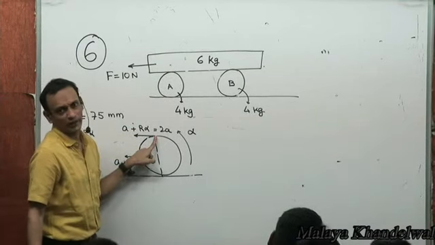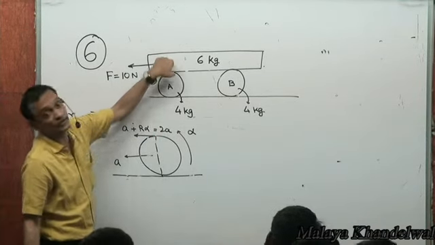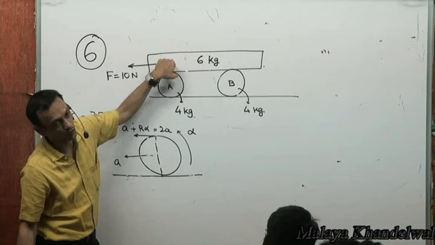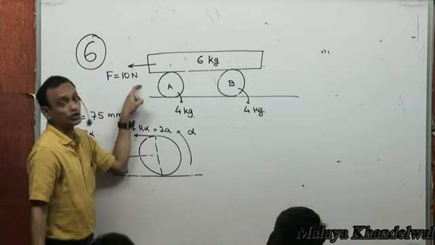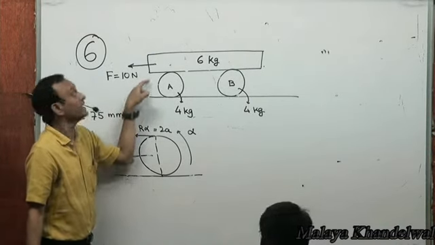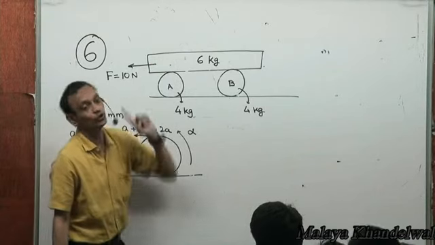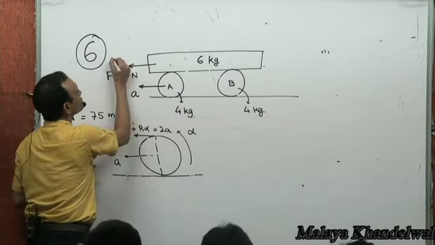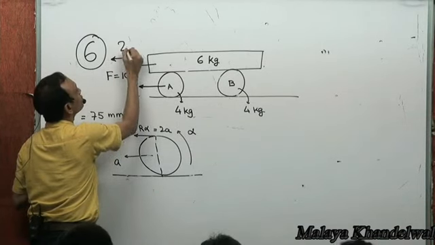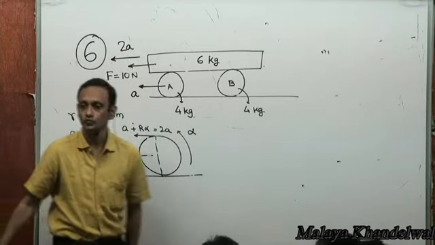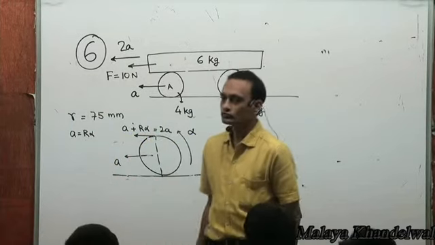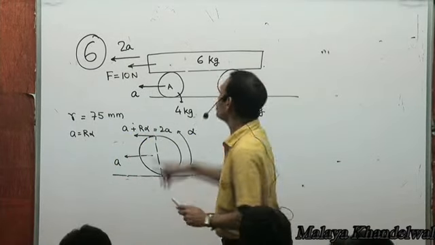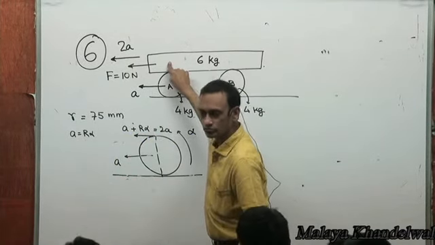Therefore, if the topmost point has an acceleration 2A, the acceleration of the carriage must also be 2A. That means if the acceleration of the center of mass of each of these disks is A, then the acceleration of the carriage must be 2A. That's guaranteed. Yes or no? No, it's the condition for no slipping between A and the carriage.